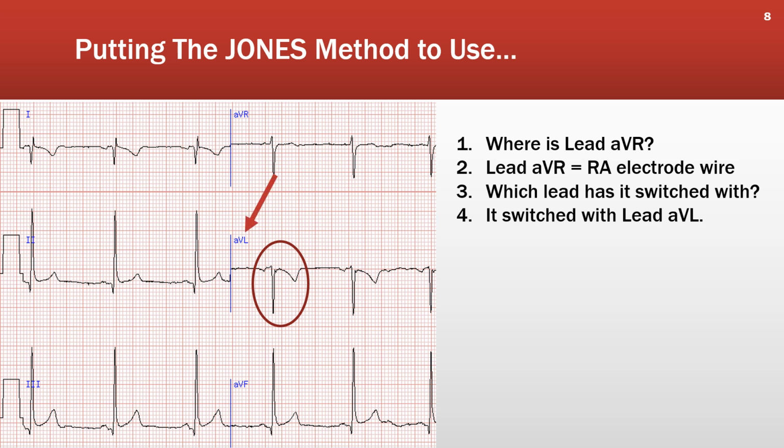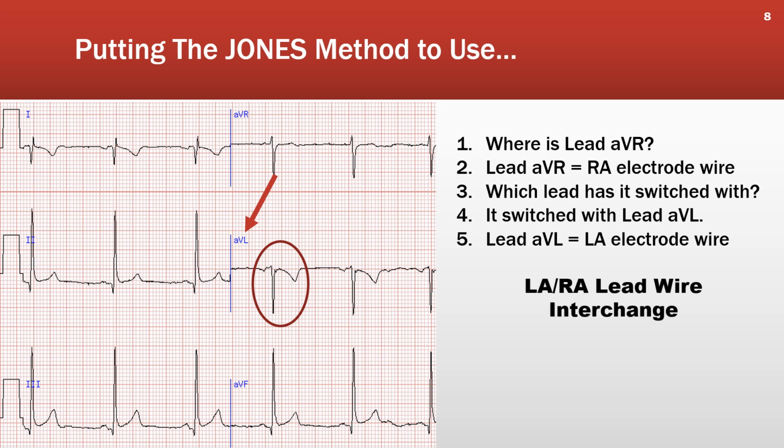It's switched with lead AVL, or the left arm electrode. AVL equals left arm electrode wire. So we have a left arm, right arm lead wire interchange. See how quick that was, and we didn't even have to look at lead 1.